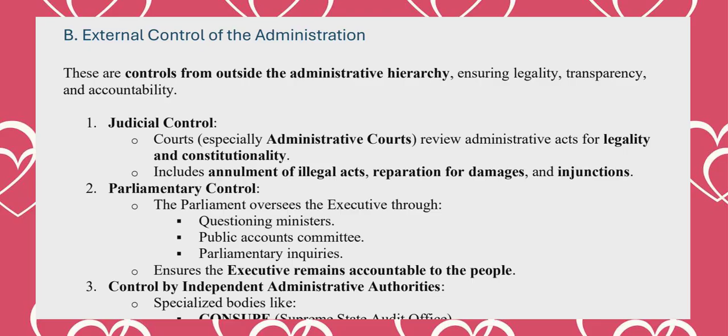So you see, they have a tool that the parliament can use to control the executive. They can even impeach the president of the republic and the prime minister for offenses like high treason and so on. So the parliament has that power. They can control the executive or the administration.